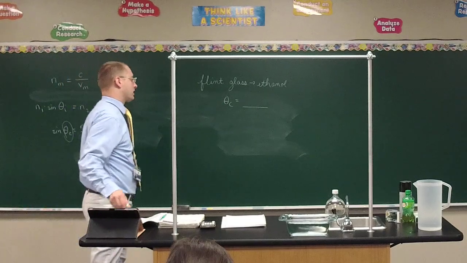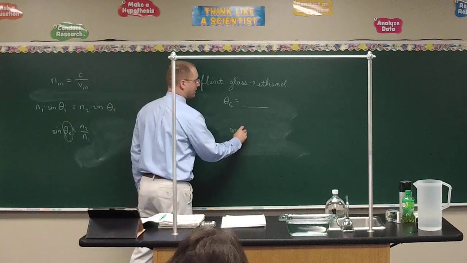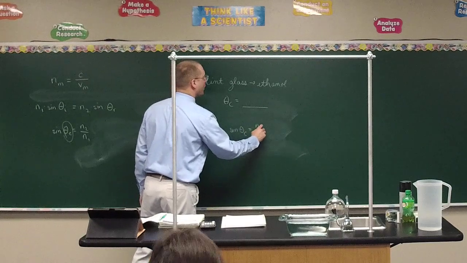What's the equation we're using here, class? Sine of theta sub c equals n2 over n1.